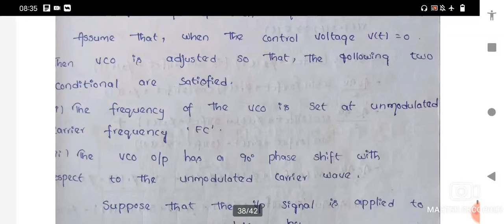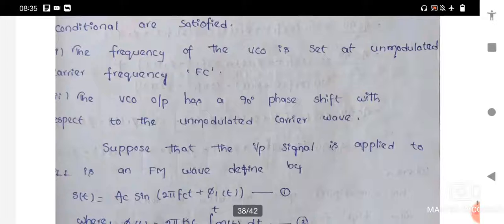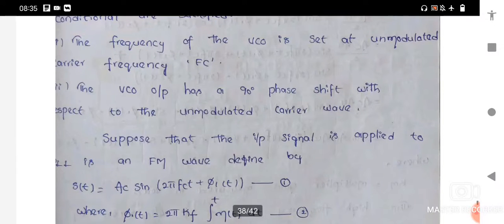What are the two conditions? First, the frequency of the VCO is set at the unmodulated carrier frequency fc. And the second condition is that the VCO output has a 90-degree phase shift with respect to the unmodulated carrier wave.